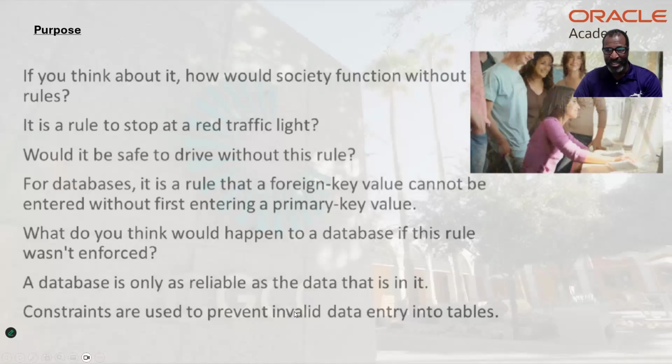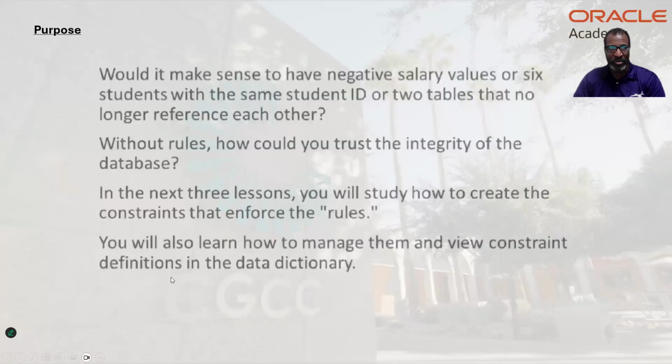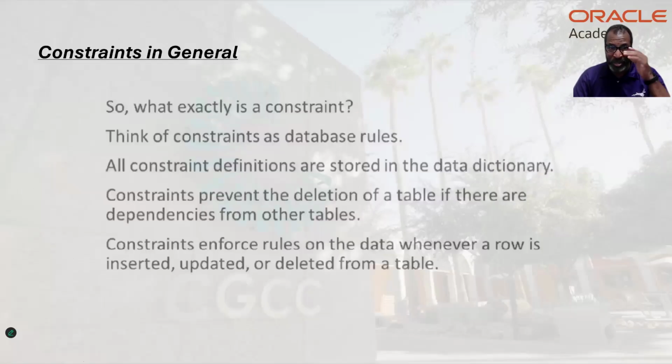Hence the whole idea of constraints. We had data which was not usable. Would it make sense to have negative salary values or six students with the same student ID? These are general reasons for data integrity rules. Some of them you probably don't have to worry about, but many of them you need to understand why they're there. And this is what we're going to get into.